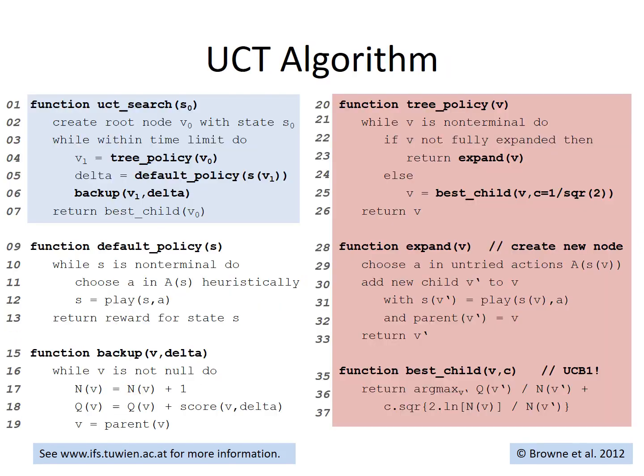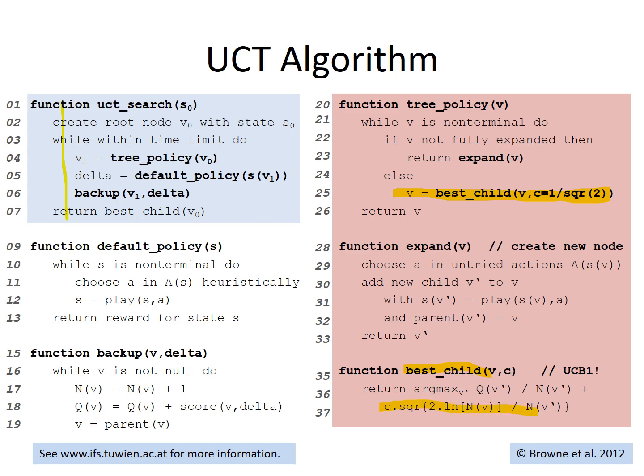In detail, the algorithm looks like this. This is what we just had on the other page. The tree policy is where the intelligence lies. As you can see, we compute here in this function best child a value for the best option that should be picked. And what is the best child? It is this function here.